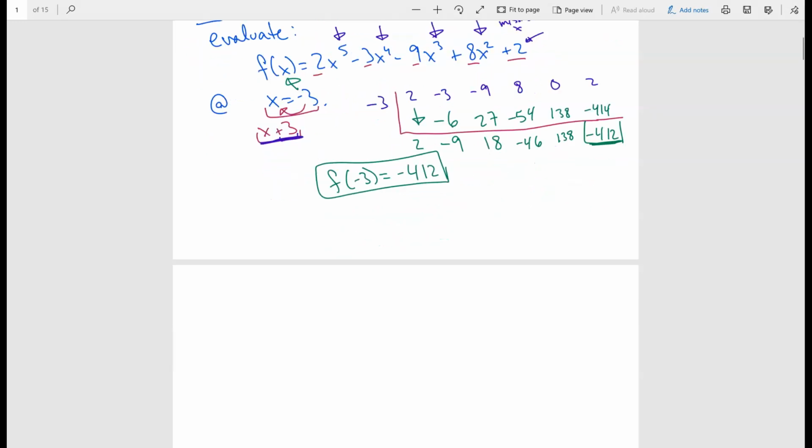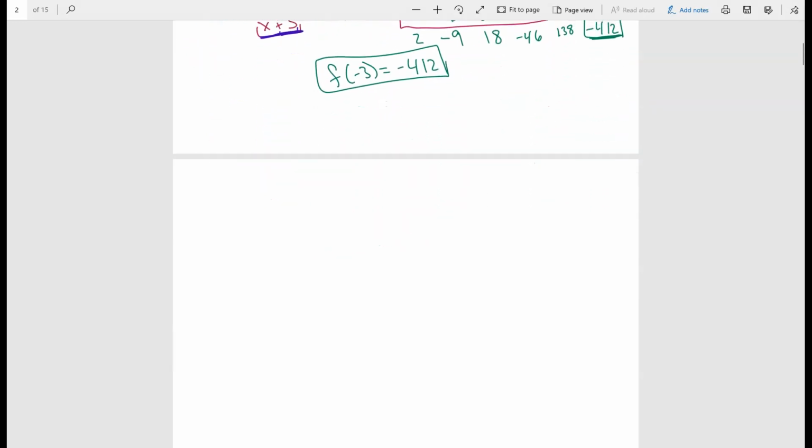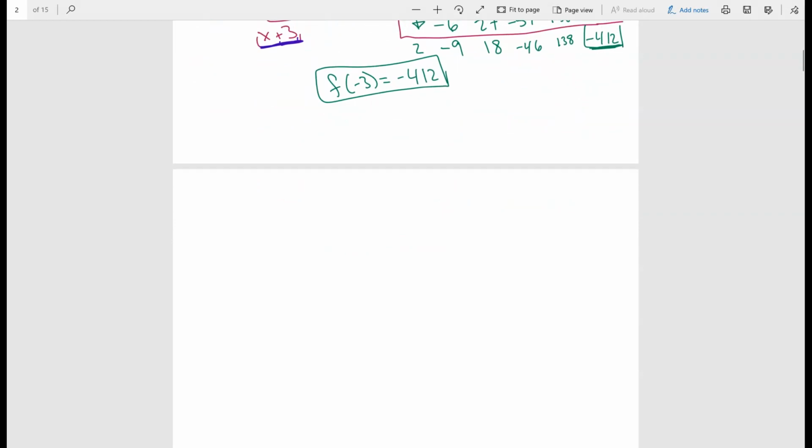So we're going to try to connect everything. We found that we have some sort of polynomial, p of x or f of x, whatever you want to call it. We're able to find the end behavior.